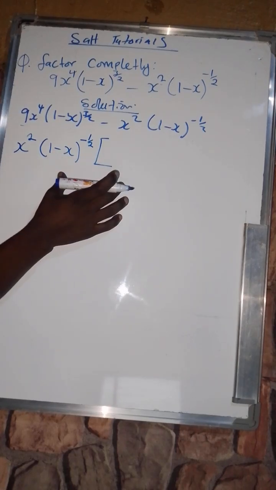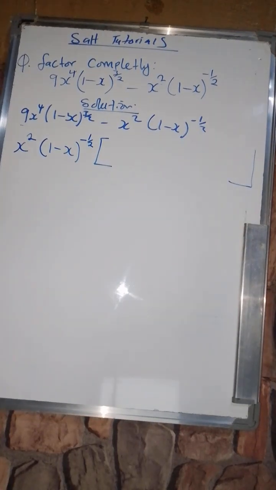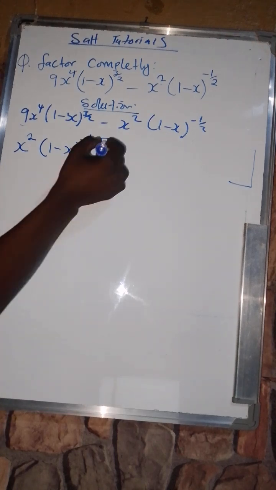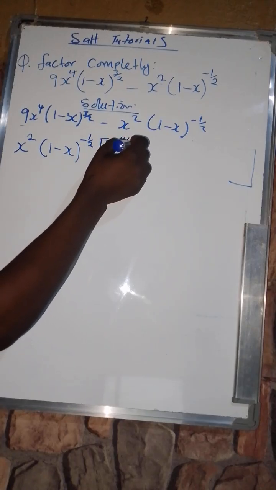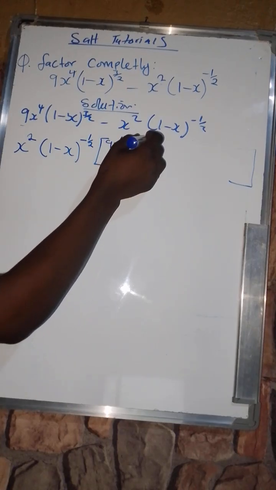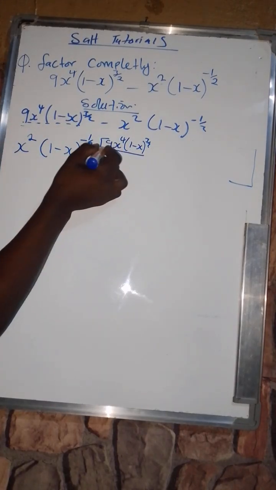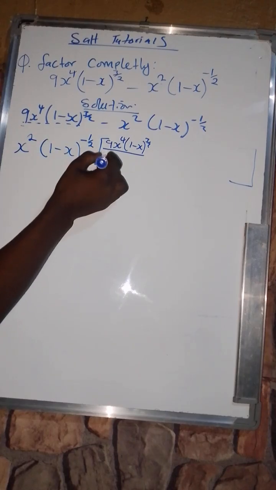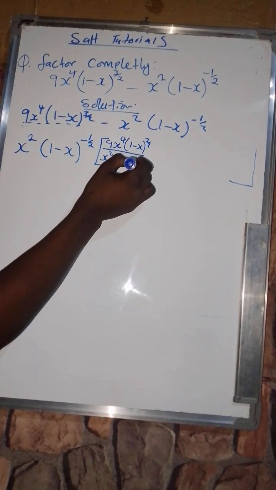So when I open my bracket, what is going to remain inside this bracket will basically be the division with the common factor. We are okay? So what am I going to have? I'm going to have 9x power 4, 1 minus x power 3 over 2, which is the first term, divided by the common factor x squared, open bracket 1 minus x power negative 1 over 2, like that.